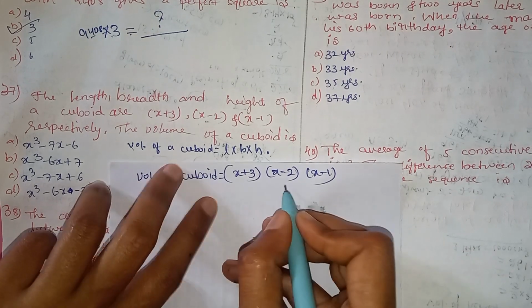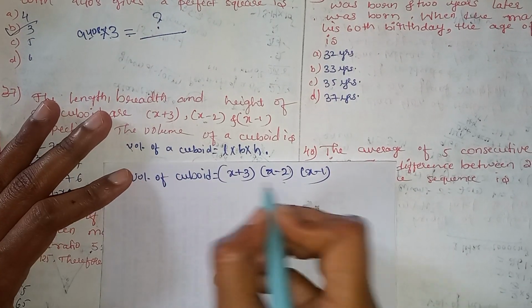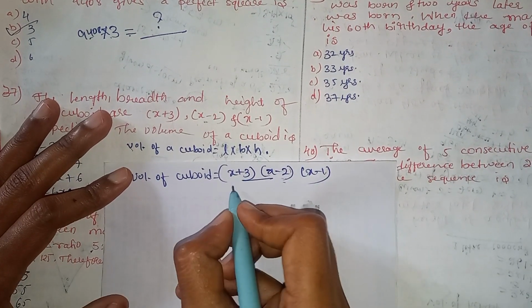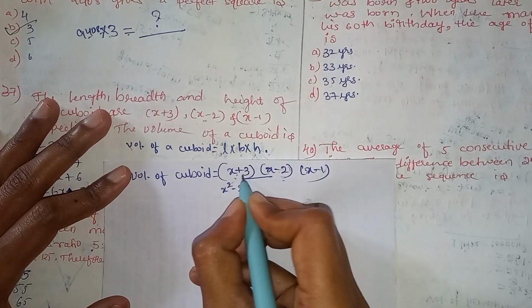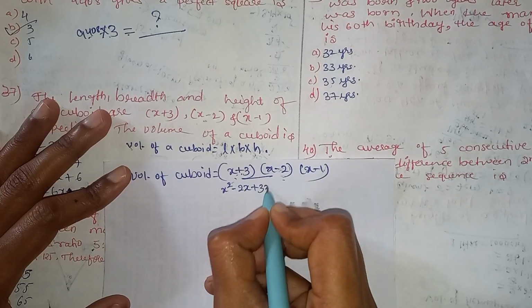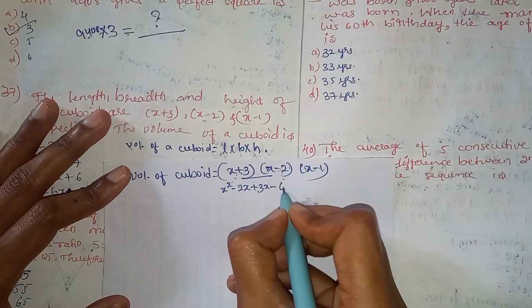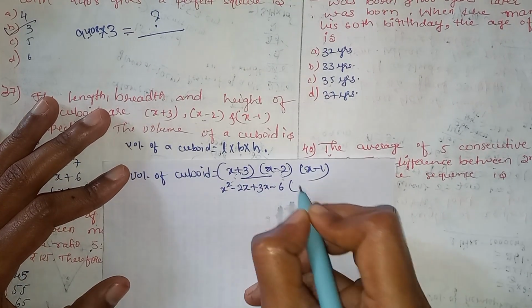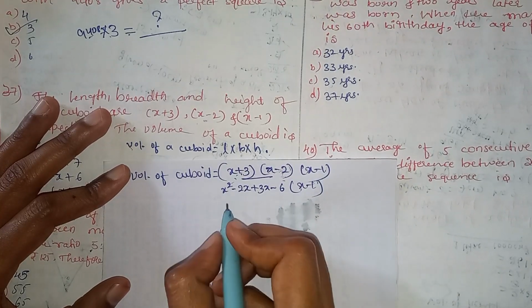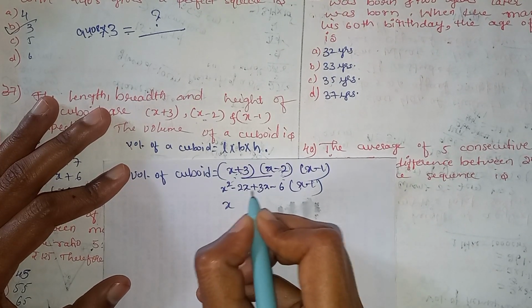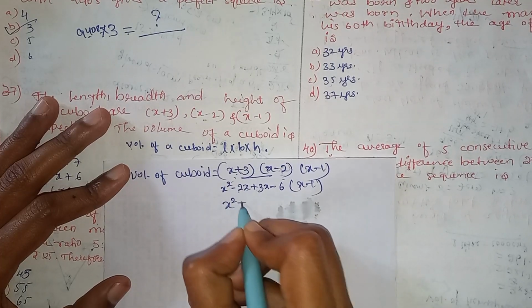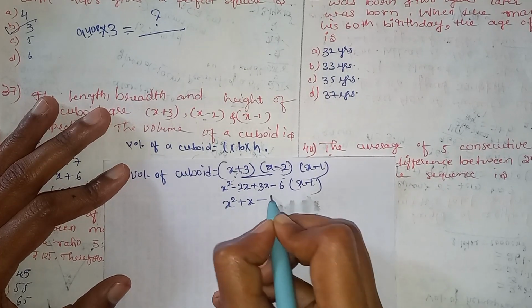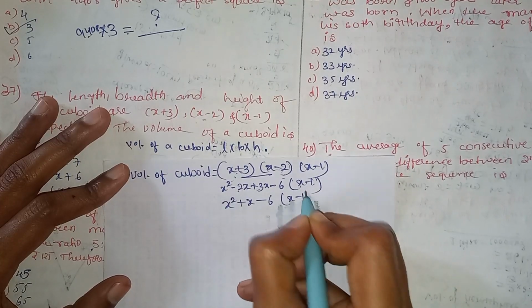Yes, x plus 3 into x minus 2. First we will multiply these two. x into x, x square; x into minus 2, minus 2x; here plus 3x; plus 3 into minus 2, minus 6. Into x minus 1. Let's simplify this further because the x terms are there. We can combine them. Yes, x square plus x minus 6, into x minus 1.